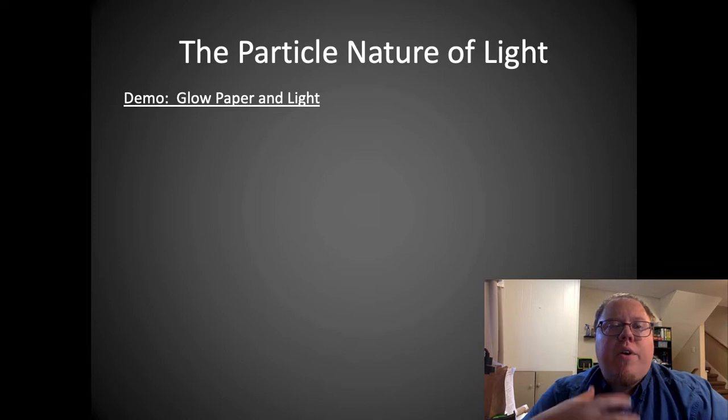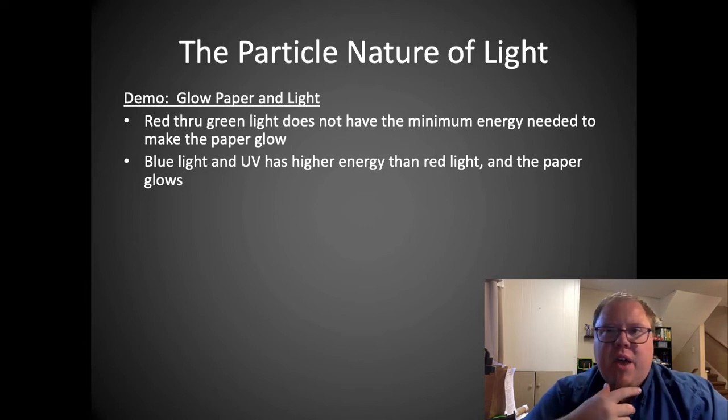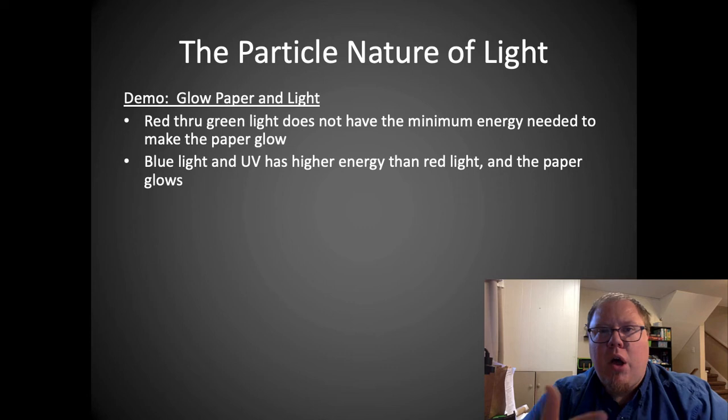Now, on the glow paper, what happened is that the red, all the way through the green, didn't have the energy needed to actually make this paper glow. So all of those, you didn't see anything with the glow paper. However, the blue light and the violet light and the UV light, all of those were able to make the glow paper glow. So those are higher energies, and the paper was actually able to glow.